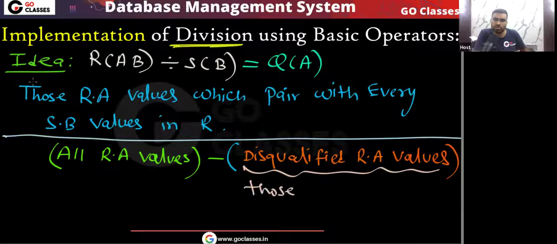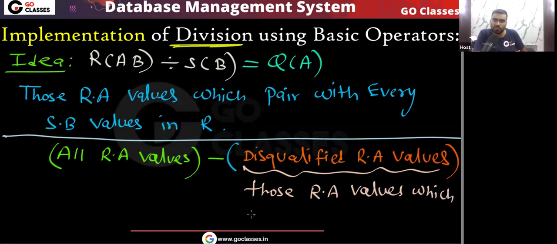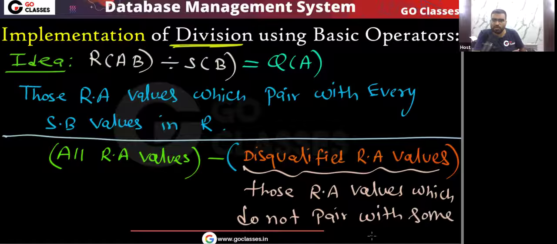Remember, disqualified are those R.A values which do not pair with some S.B value. Do you agree? So far, do you agree with me?